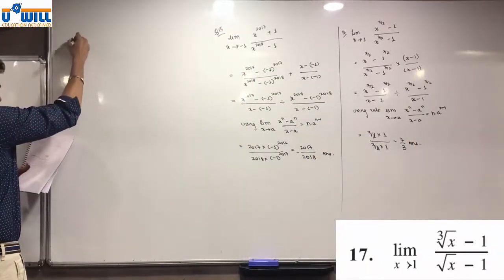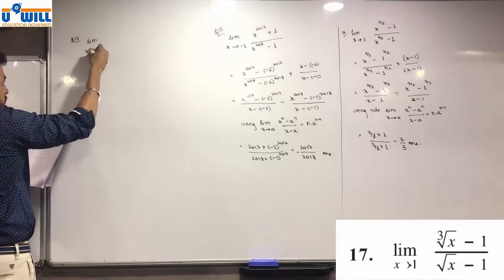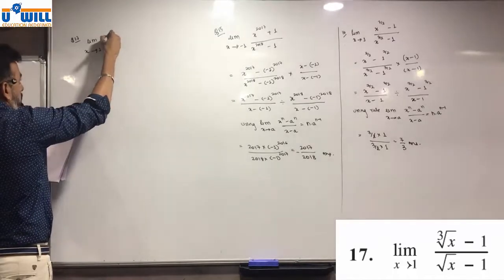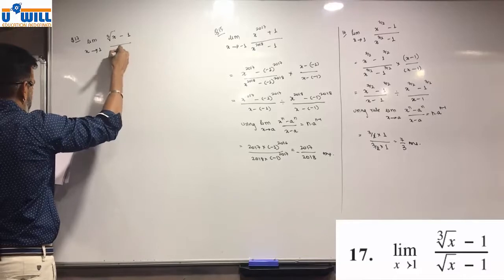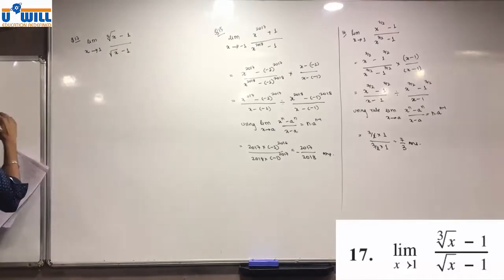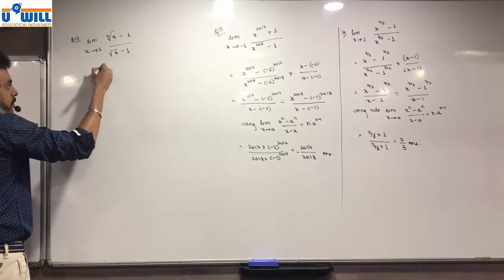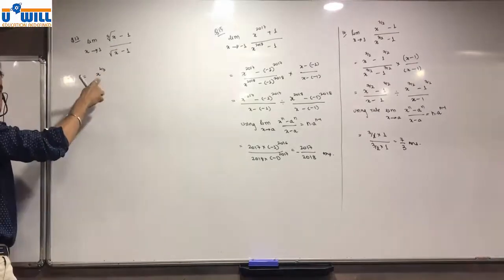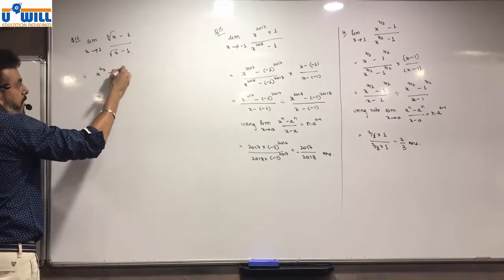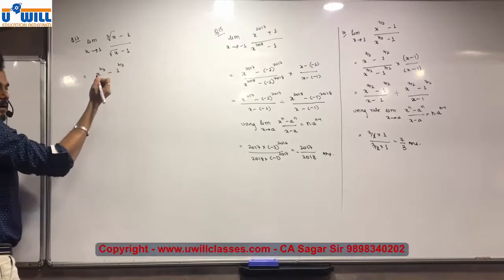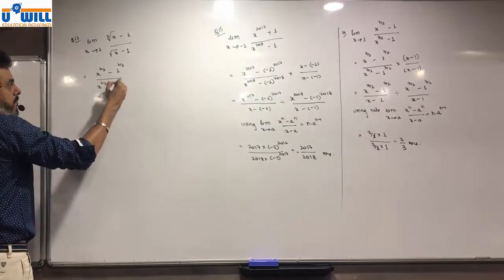Question number 17. Limit x tends to 1, cube root of x minus 1 upon under root of x minus 1. Now over here we will take x raised to 1 by 3. ये सबको पता चला ये cube root of x, minus 1 raised to 1 by 3, doesn't make a difference, upon x raised to 1 by 2 minus 1.